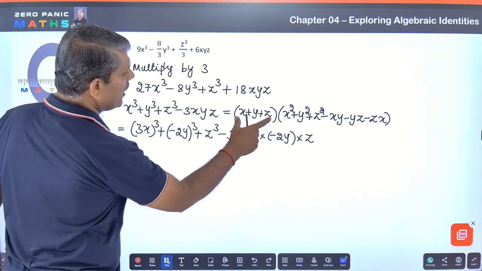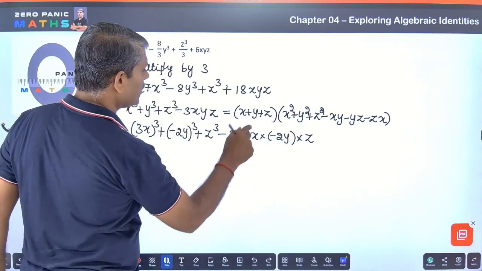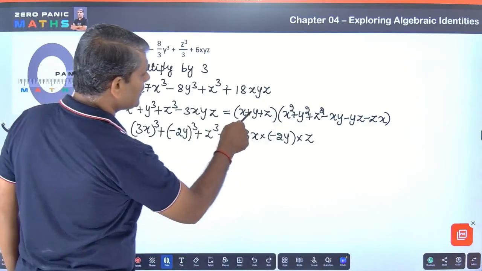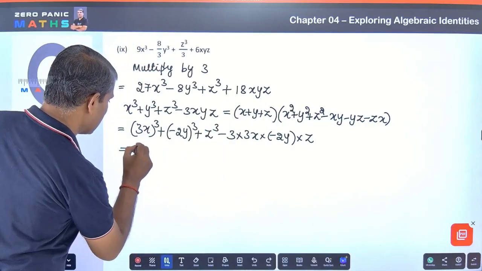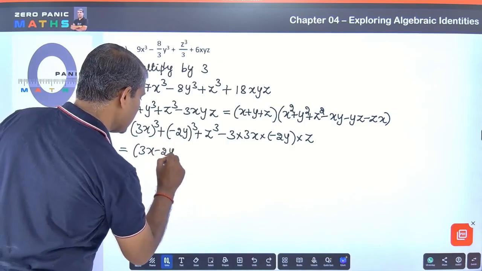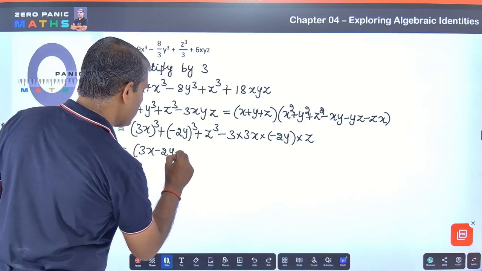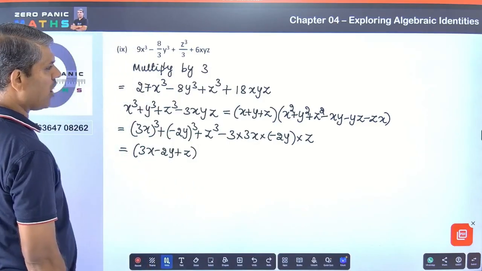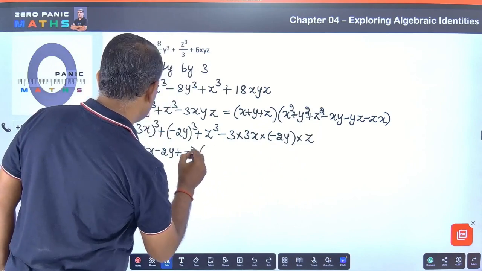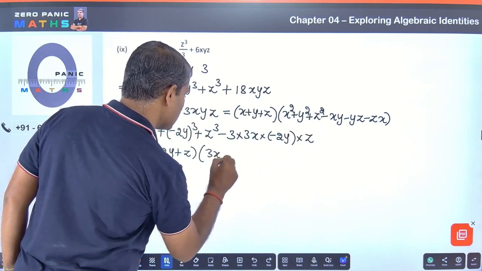Now coming to expanding this whole thing into this format, let us expand that. X plus y plus z, that is 3x minus 2y, that is y only, plus z. Now coming to x square plus y square plus z square. X square is 3x whole square.